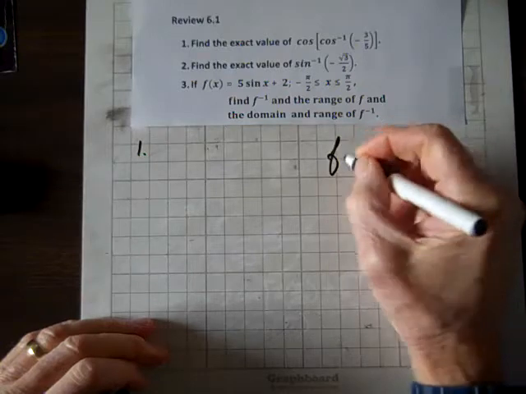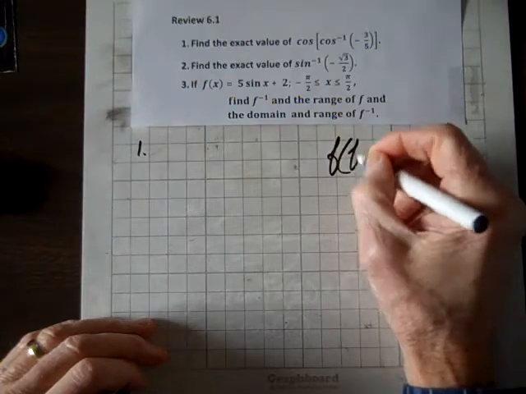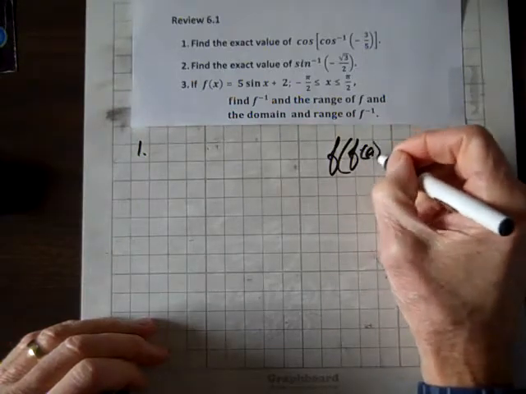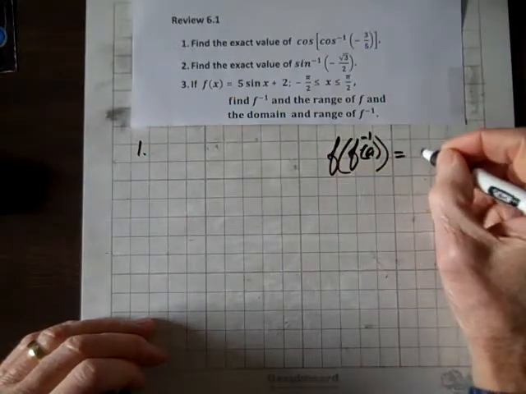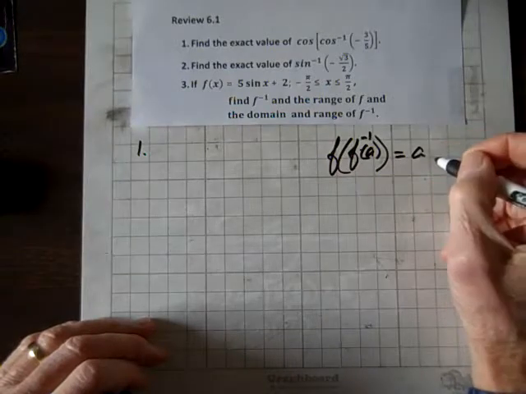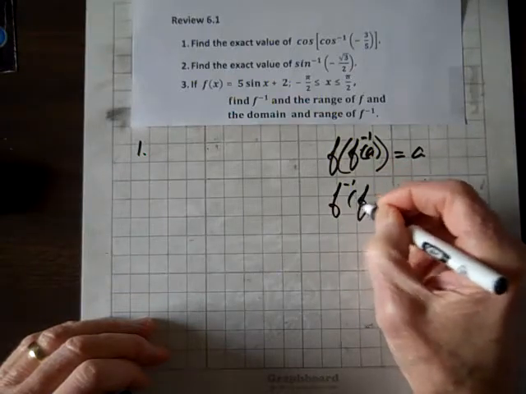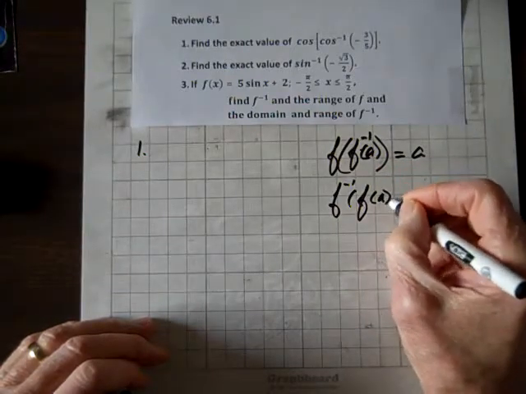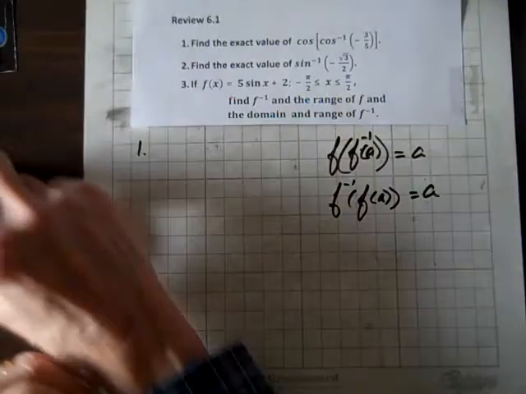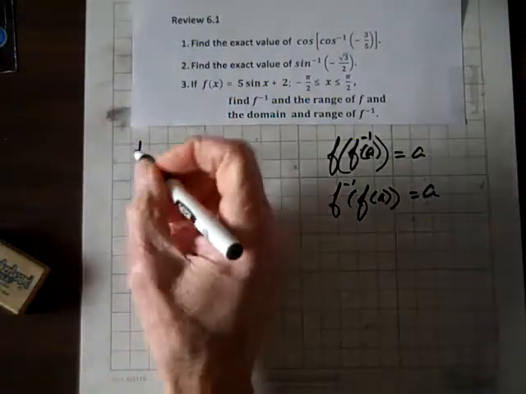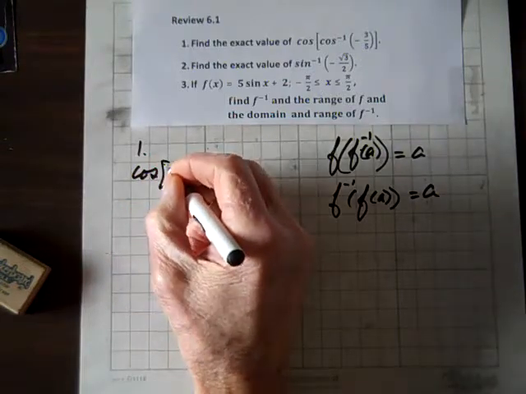When you evaluate the composite of a function and its inverse, then what you get back is what you started with, A, and also f inverse of f of A equals A. So, with that established, now we have number one, the cosine of the inverse cosine.